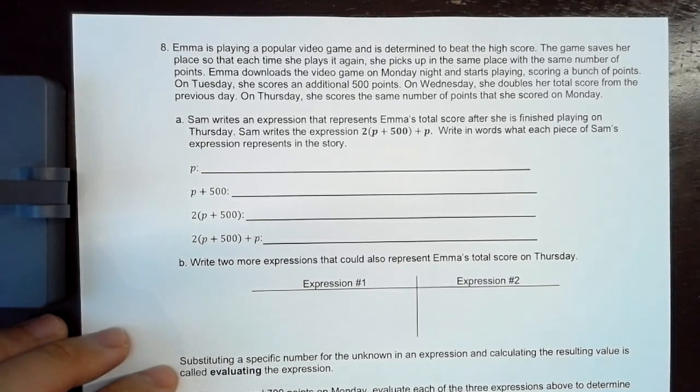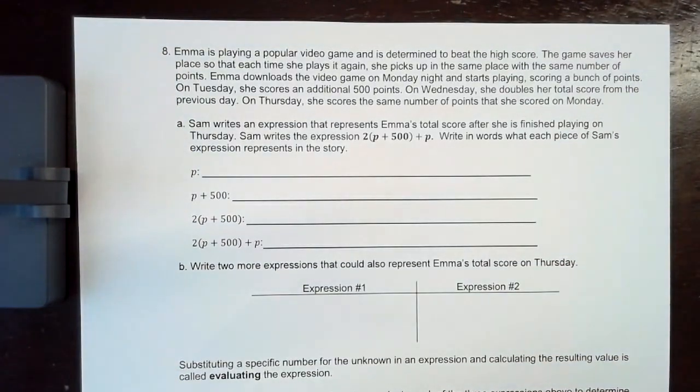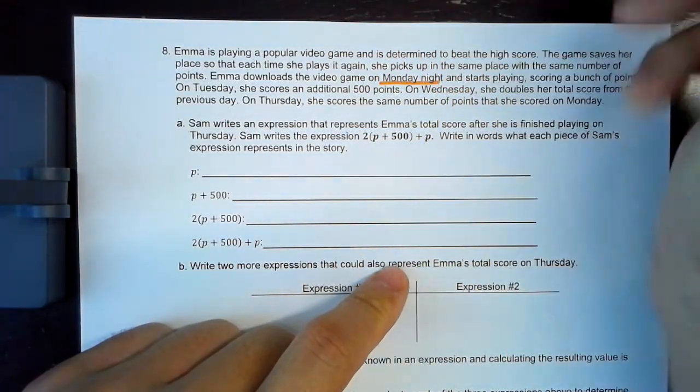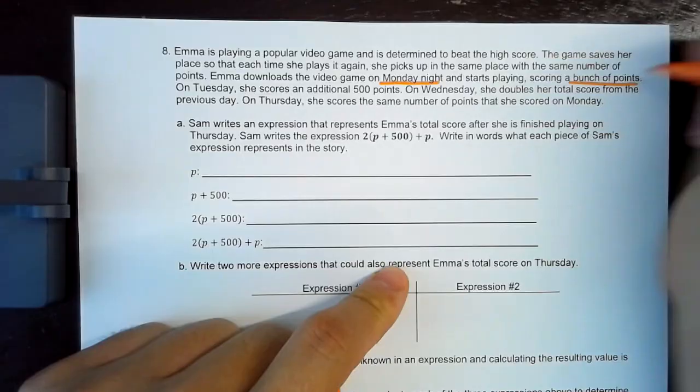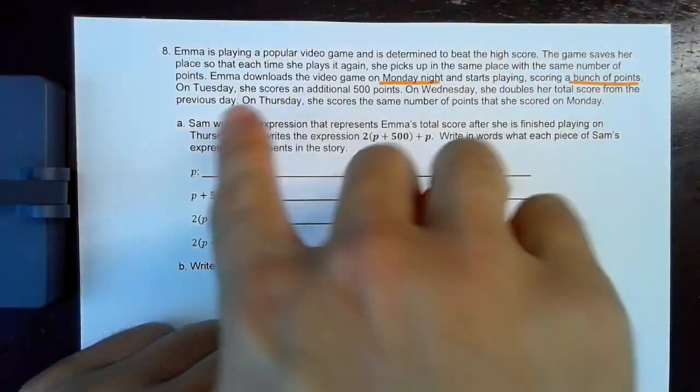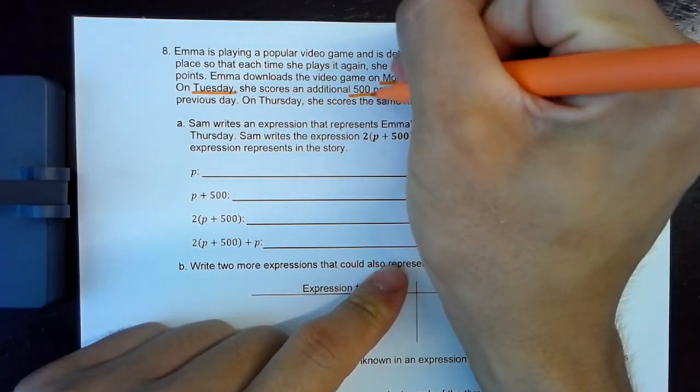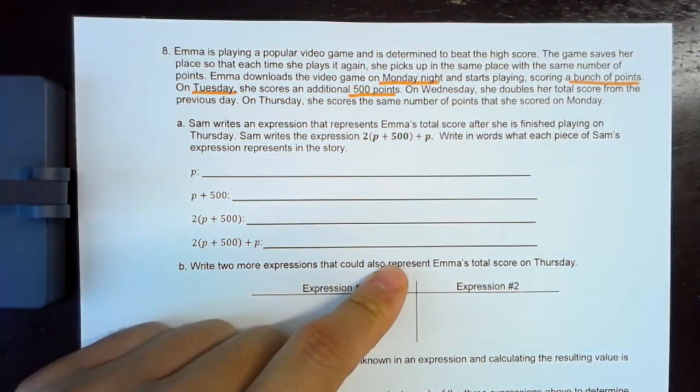So I think it's always helpful to annotate a little bit. So she downloads the game on Monday night and she scores a bunch of points, right? And then on Tuesday, she scores an additional 500 points in addition to what she scored on Monday.